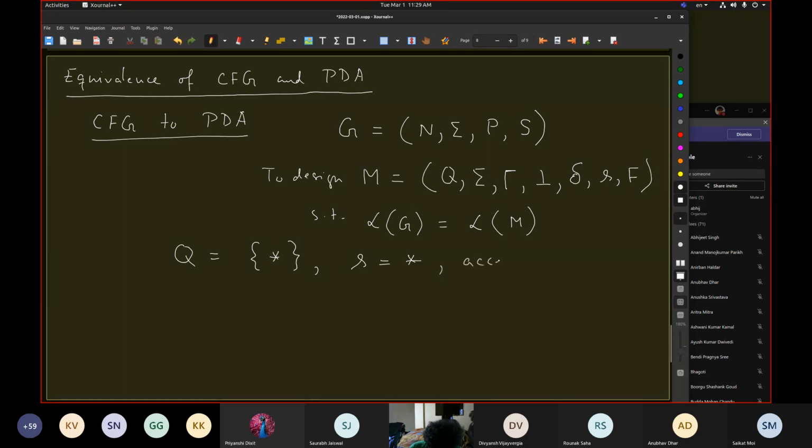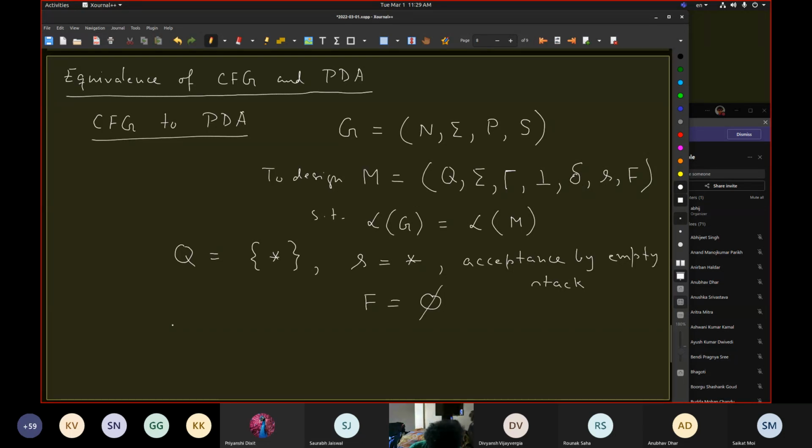So acceptance is by empty stack, which means I can take F equal to empty. The final state doesn't matter. So what do I have to specify? This is done, this is done, this is done, this is done, this gamma, and this.